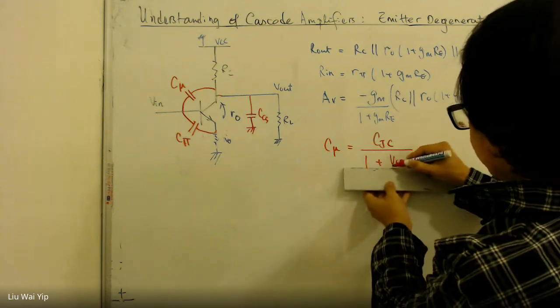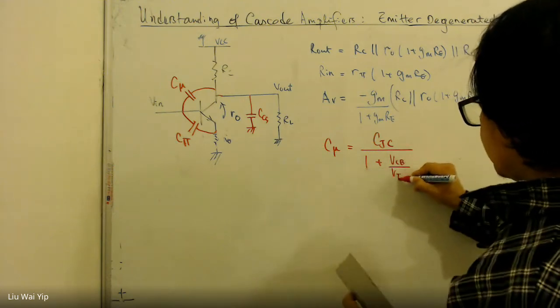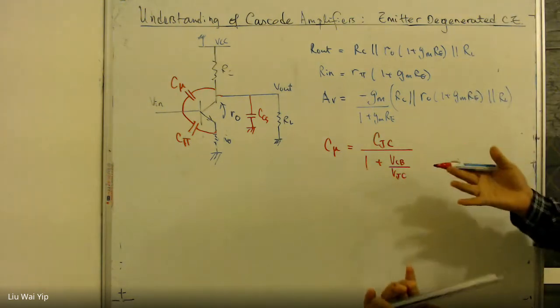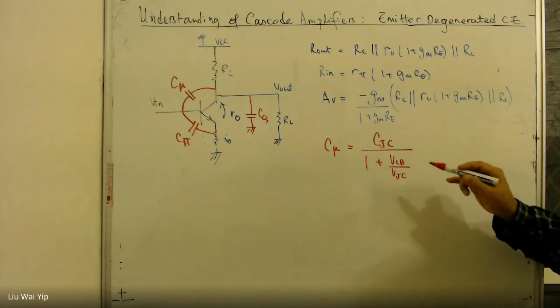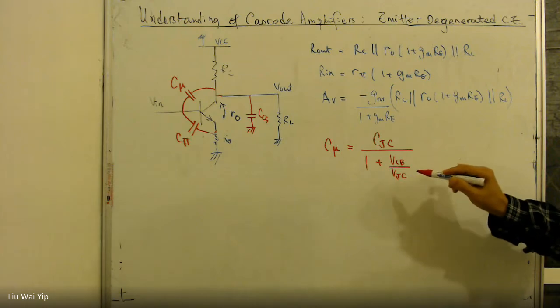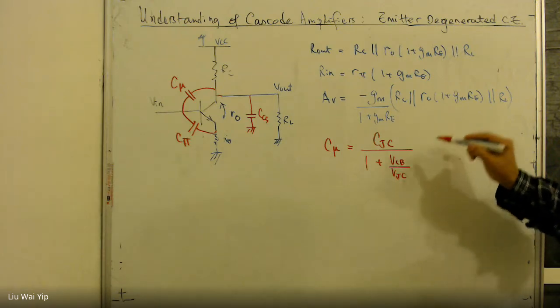VCB divided by VJC. VJC is the junction voltage at zero bias. Normally it is about 0.7 volts.